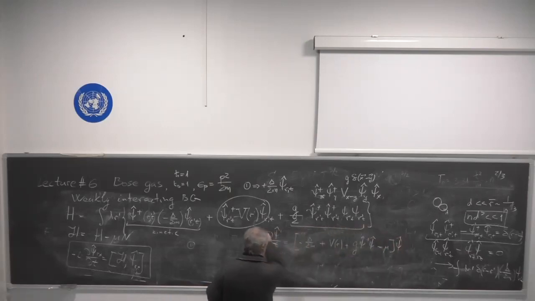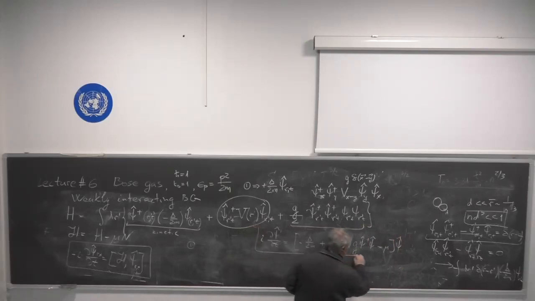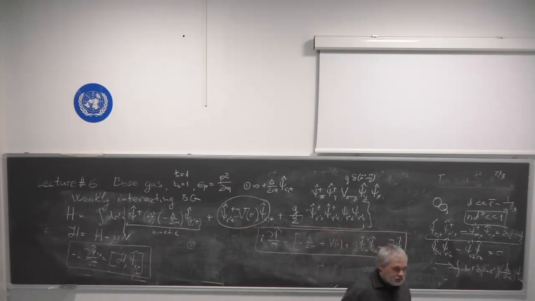So this is the equation of motion for the second quantized psi operator. Everywhere I have r, t. What do we see?